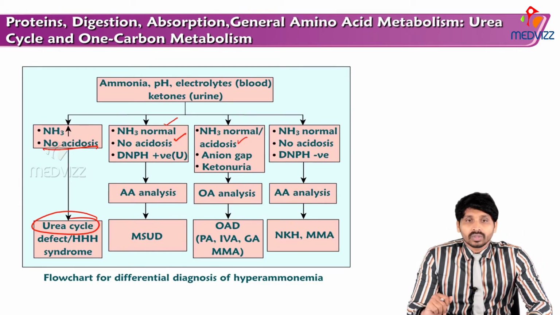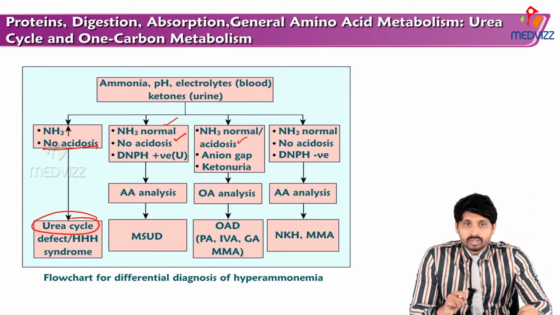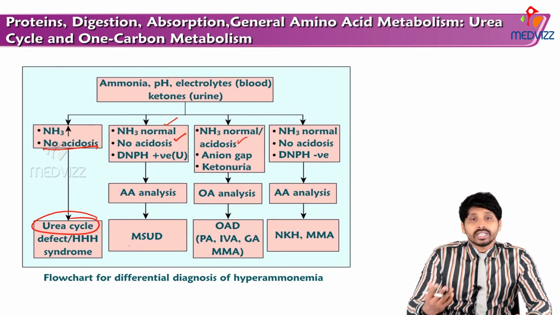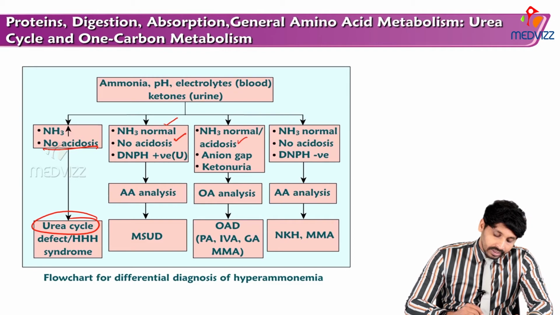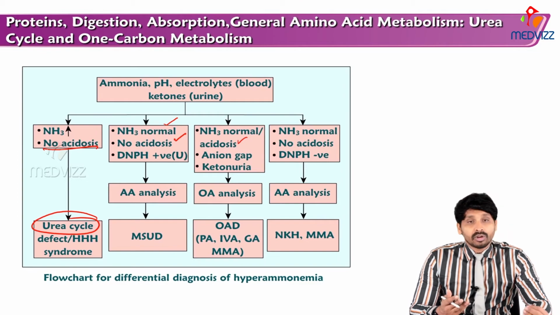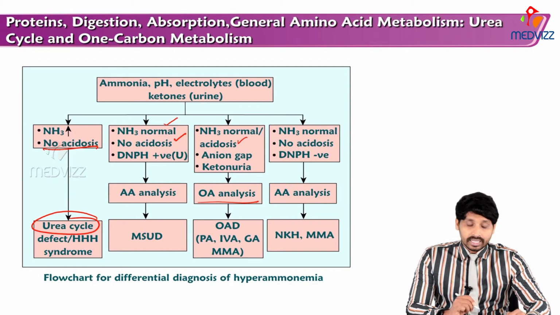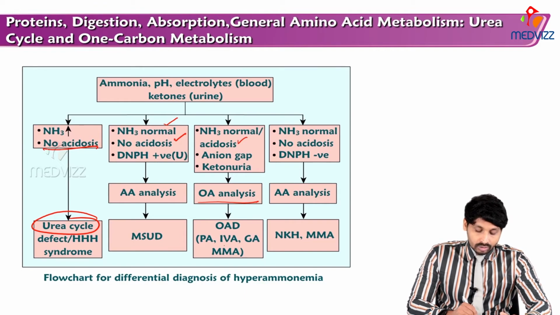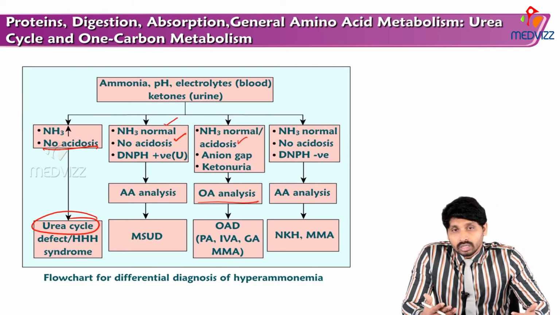If ammonia is normal, there is no acidosis, but DNPH is positive, you have to do amino acid analysis, and it might be maple syrup urine disease, because you are getting ketones. If NH3 is normal, acidosis is there, and you can make out the anion gap and ketonuria, then organic acid analysis is needed, for organic acidurias involving phenylalanine, isoleucine, valine, GA and MMA. All these things you can make out in the urine.